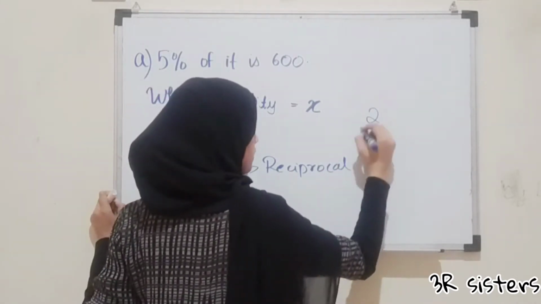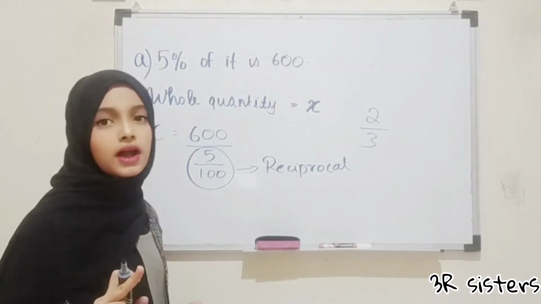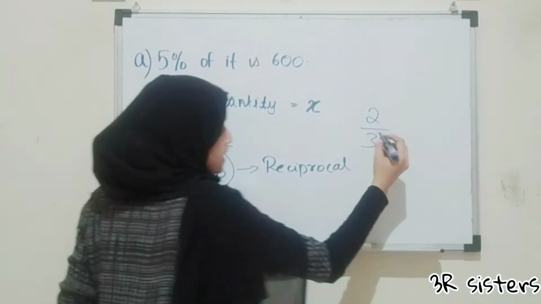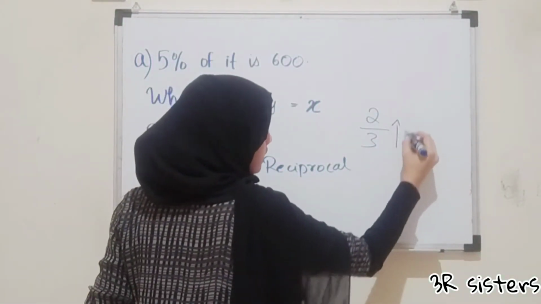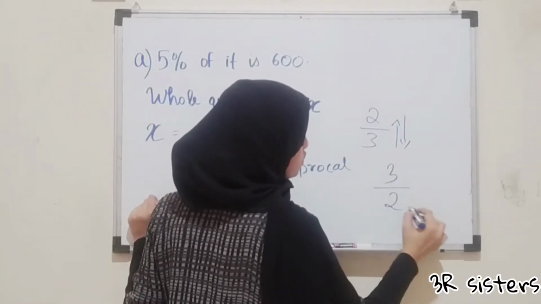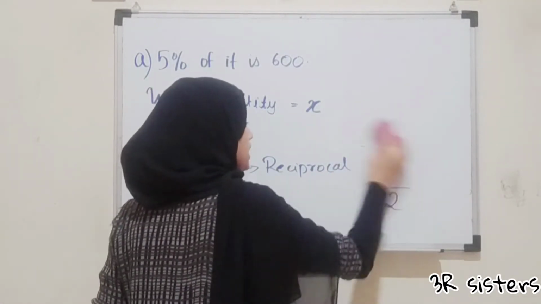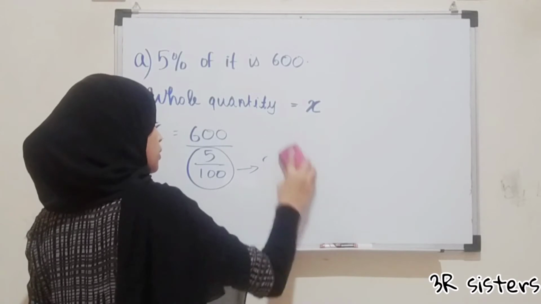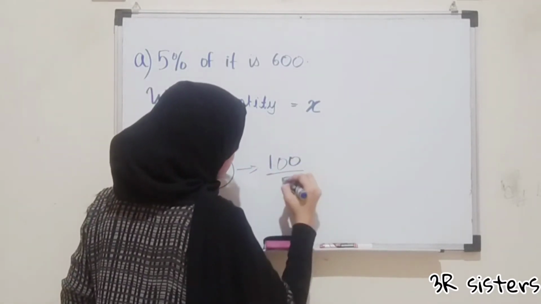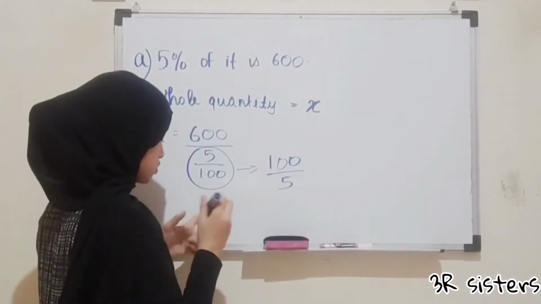If the number is 2/3, the reciprocal is nothing but exchanging the numbers. 3 goes up and 2 goes down, so we get 3/2. In this case, the reciprocal of 5/100 will be 100/5.